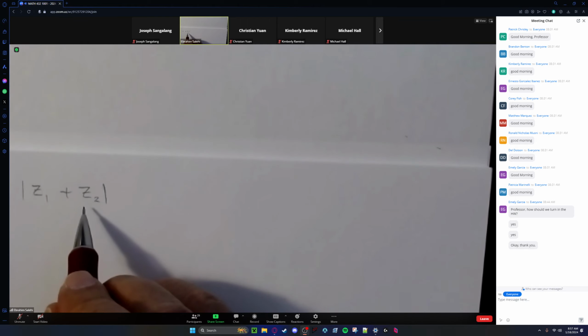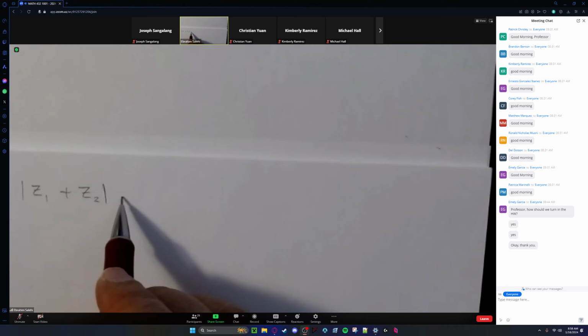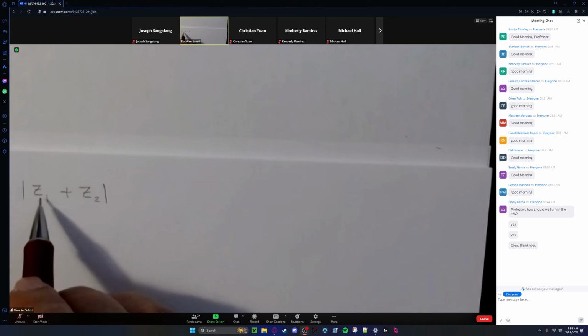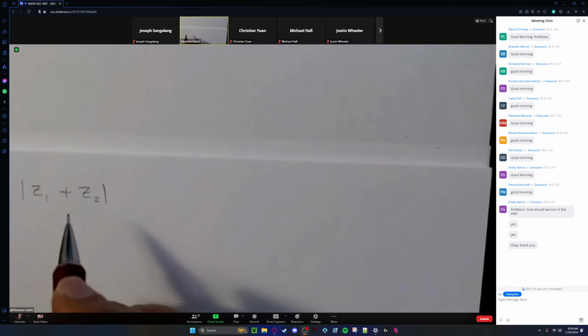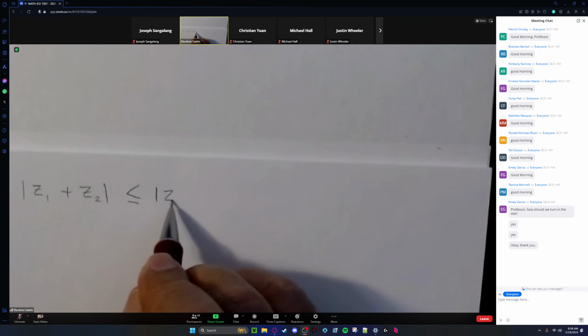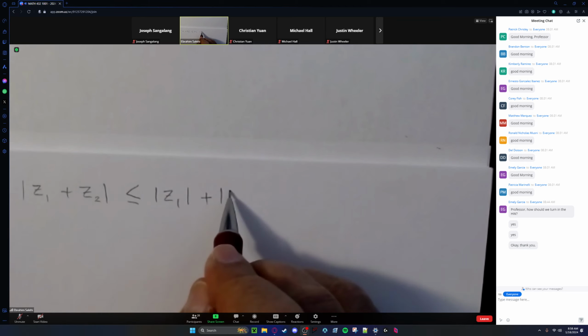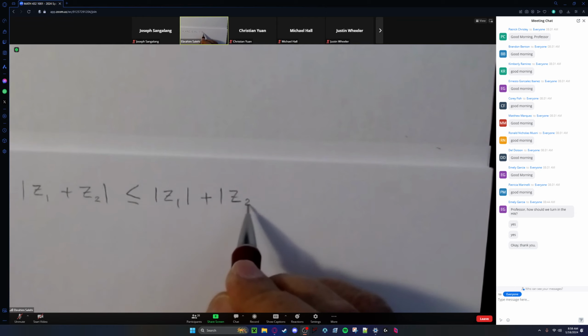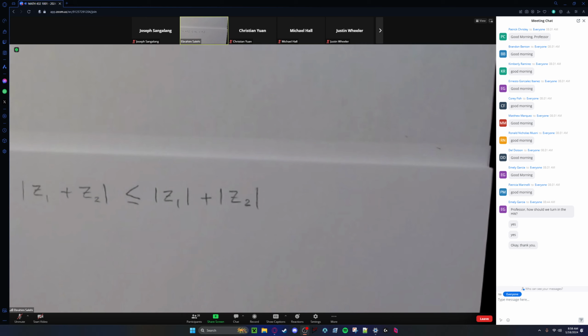But here, let me emphasize, you cannot say this is equal to the modulus of this plus the modulus of that. No way. This is less than or equal to the modulus of z1 plus the modulus of z2. This is called the triangle inequality.